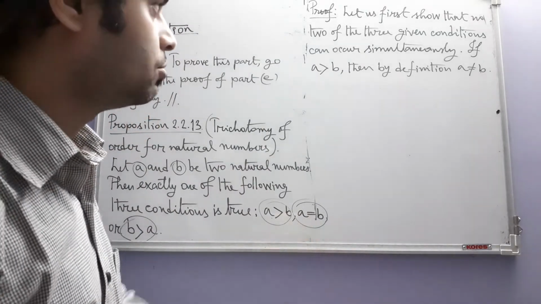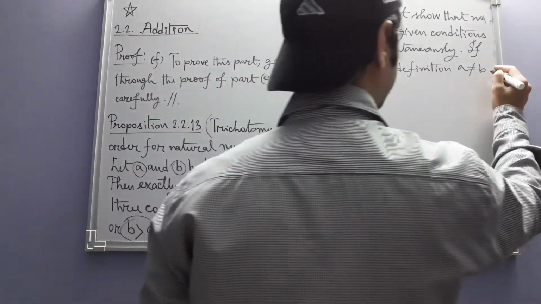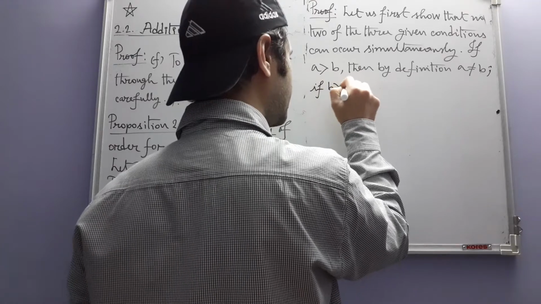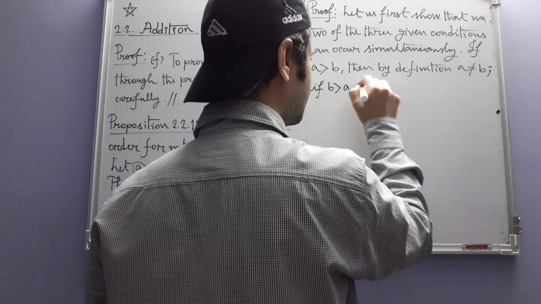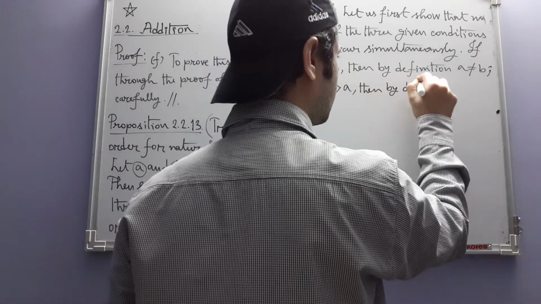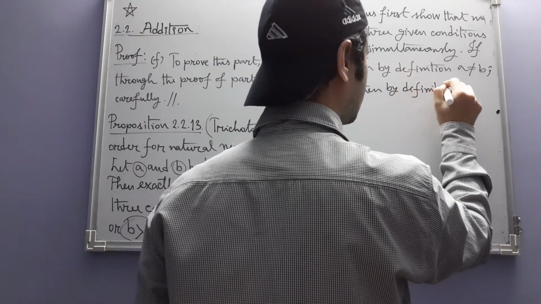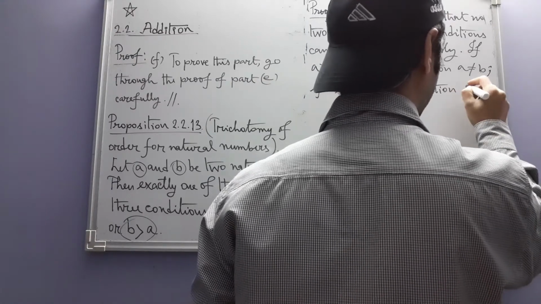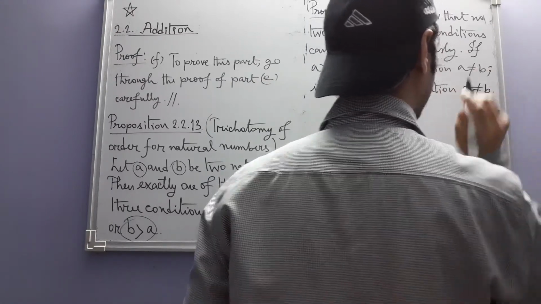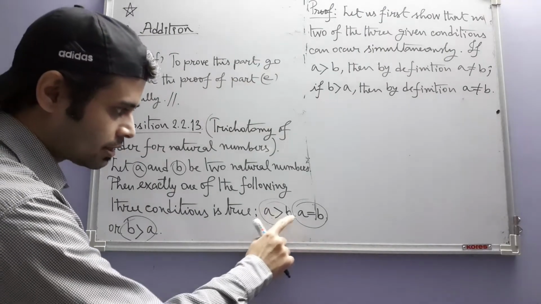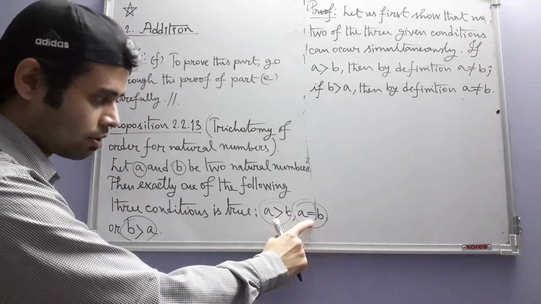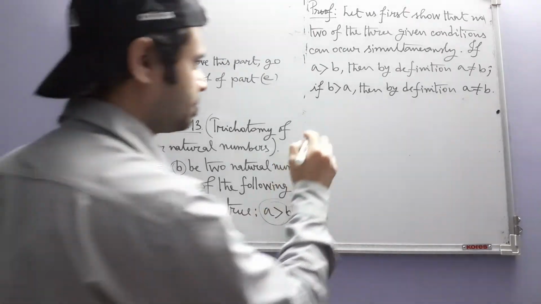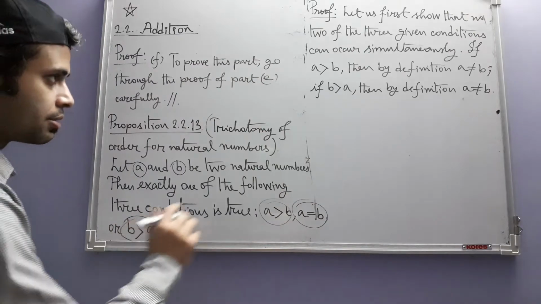Similarly, if B is greater than A, then by definition B is not equal to A, or A is not equal to B, same thing. So this and this cannot simultaneously occur. This and this cannot simultaneously occur. What about this and this?